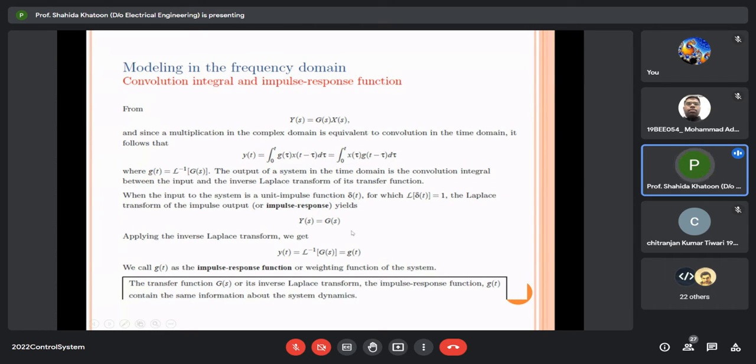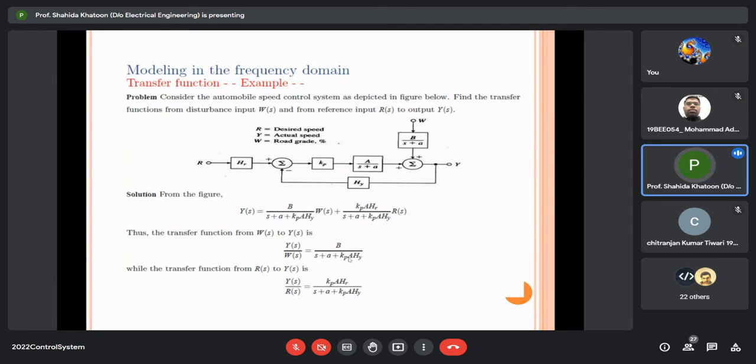Applying the inverse Laplace transform, y(t) becomes the Laplace inverse of G(s), that is equal to g(t). We call g(t) the impulse response function or weighting function of the system. The transfer function G(s) or its inverse Laplace transform, the impulse response function g(t), contains the same information about the system dynamics.